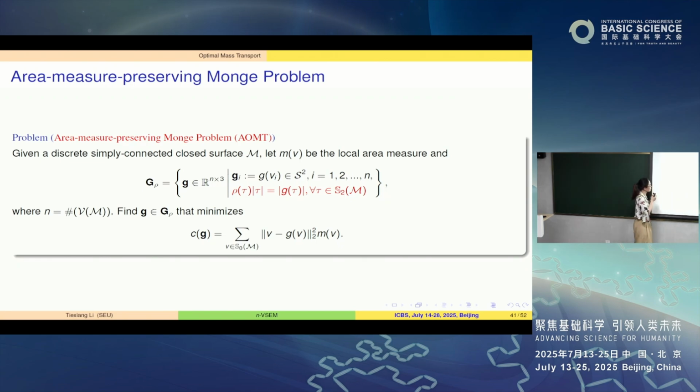In this set, we hope to find a map that minimizes the cost function.